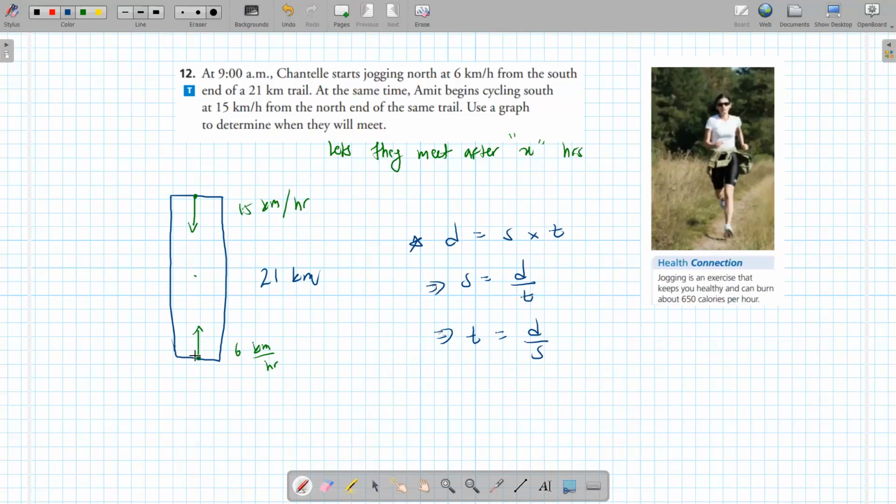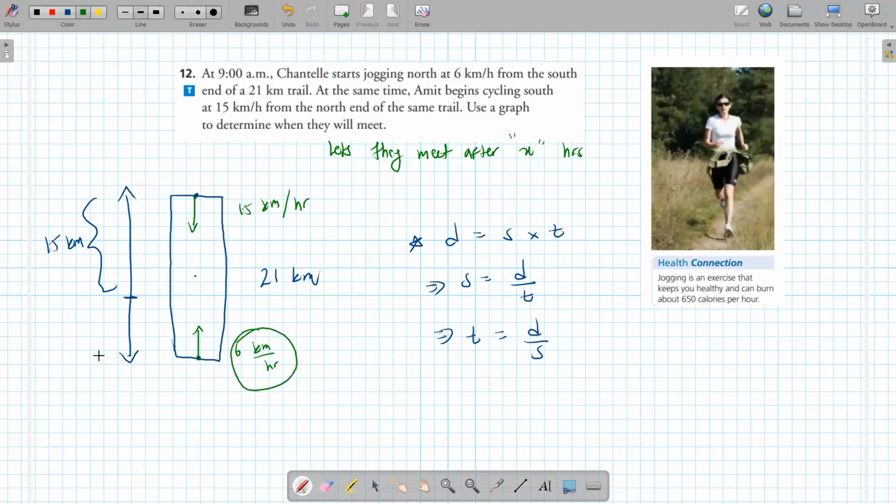So after 1 hour, where's this person going to be? If this distance is 21 kilometers, after 1 hour this person is going to be over here, where this distance is 15 kilometers. What about this person?